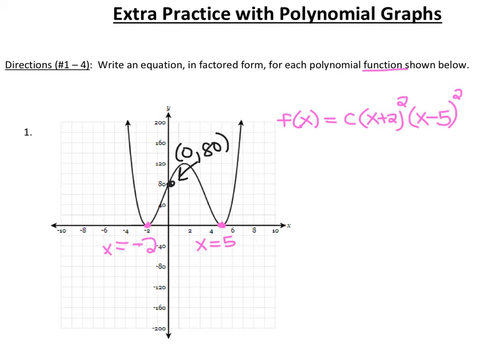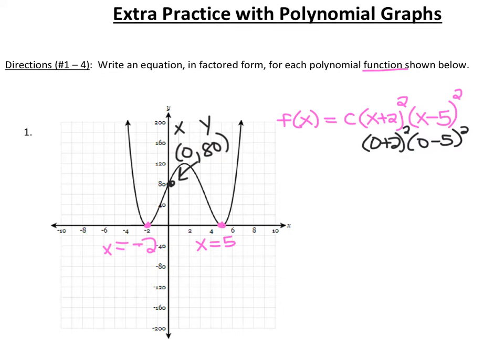So this is my x value, and this is my y value. Now, if we look at our equation over here, we said the x value at this point is 0. So wherever I see an x, I'm going to substitute in a 0. All right, so right here, I'm going to have 0 plus 2 squared, and I'm going to have 0 minus 5 squared.